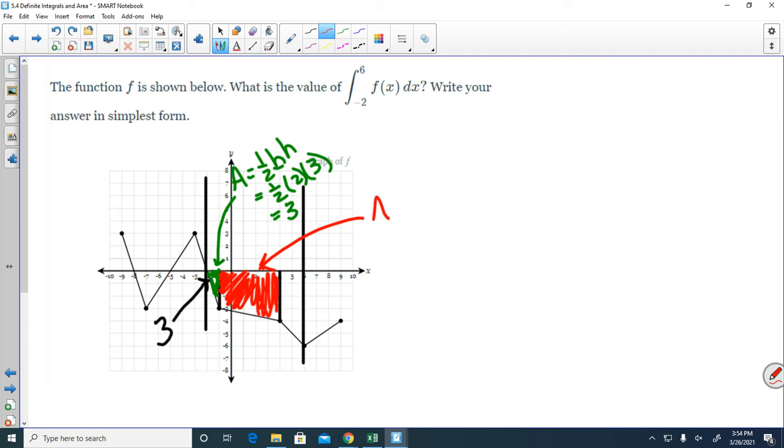The formula for the trapezoid is 1/2 base 1 plus base 2 times the height. So area would be 1/2. Base 1 and base 2 are the parallel lines. So this time the bases are vertical. So let's see, it looks like this base would be 3. This base is 4.